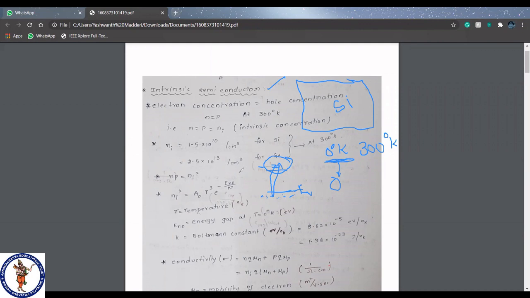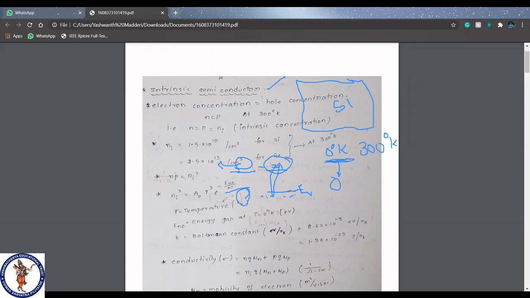I want to make one point here: whatever electrons lie within the conduction band, those are the charge carriers to produce current, as well as the holes present in the valency band.